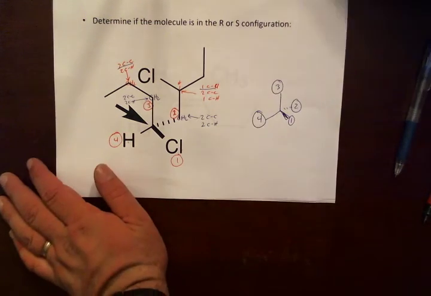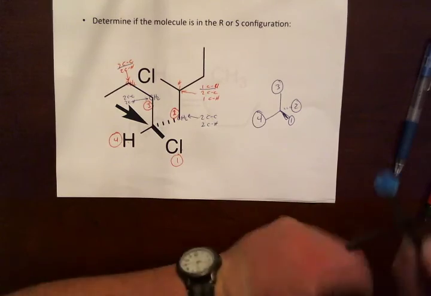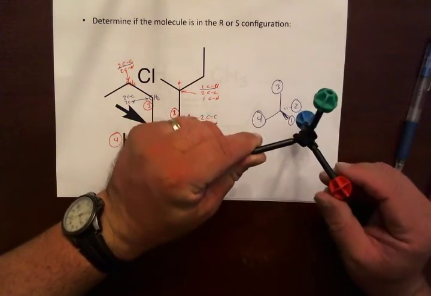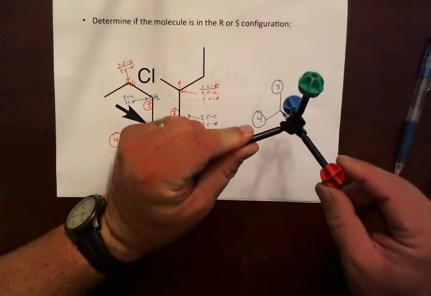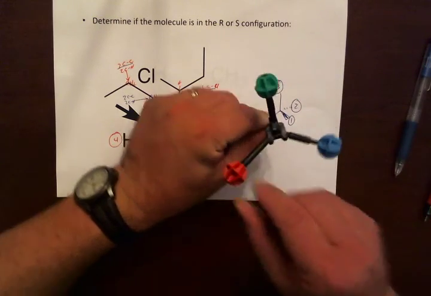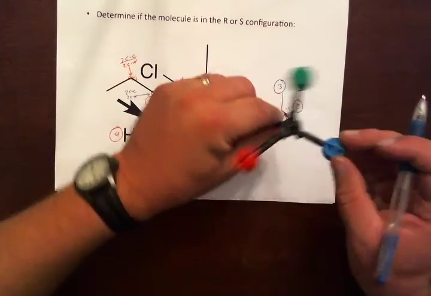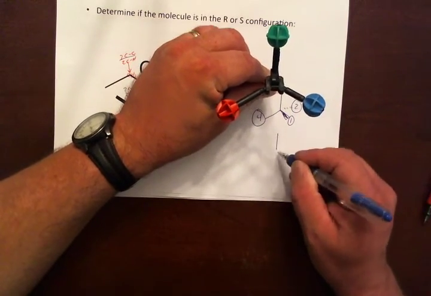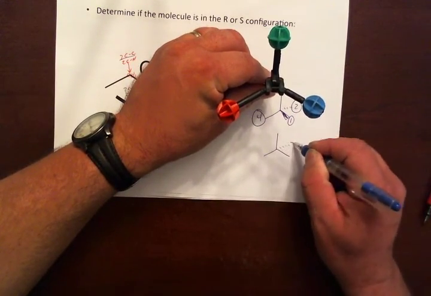The other way that you can do it, if you're doing the steering wheel method, is you say, this is 4, 1 is out here, the blue is 2, the green is 3. If I rotate this to get 4 behind, it ends up looking like this.